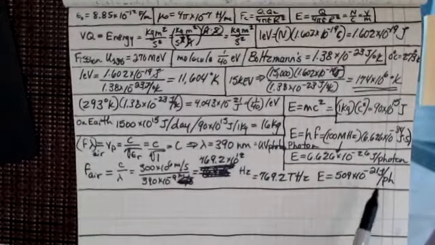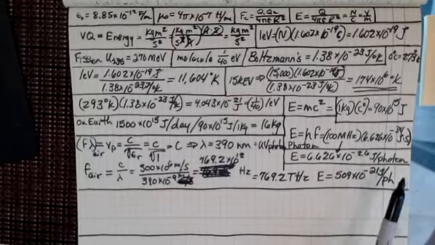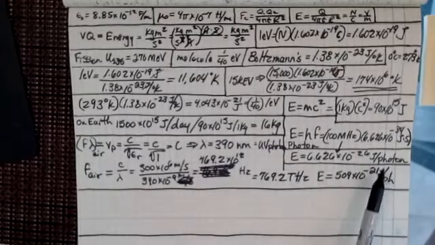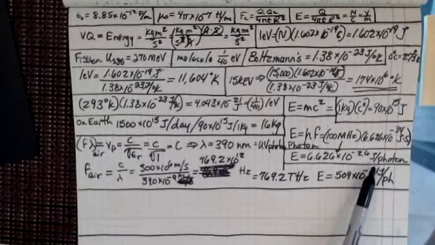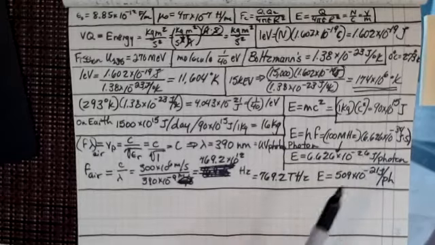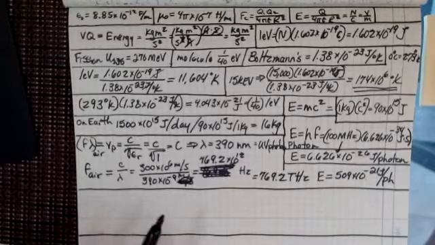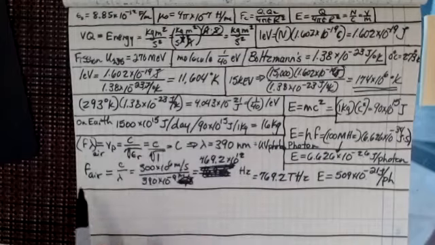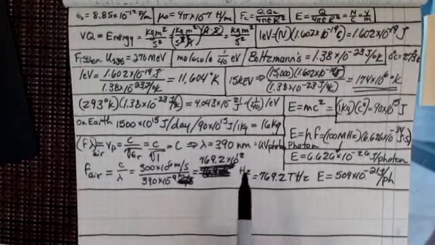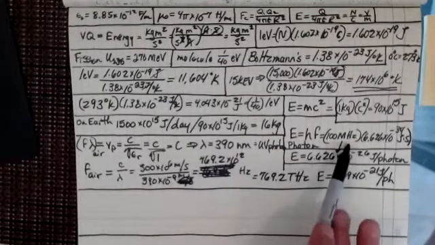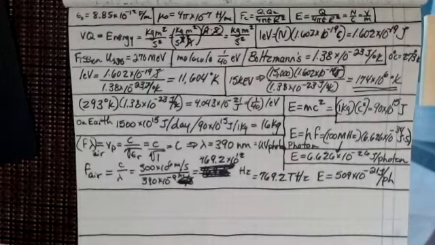So this has a million times as much energy as that. All visible light and infrared light and UV light is much, much higher as far as photons go than a radio wave. And I want you to understand that too.